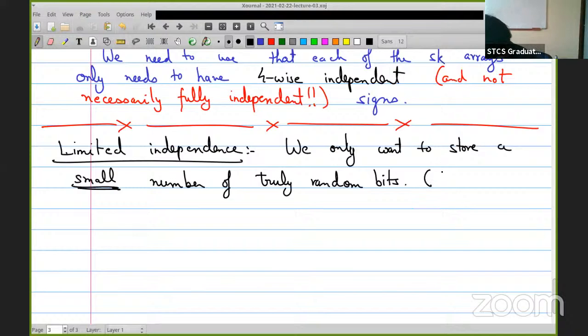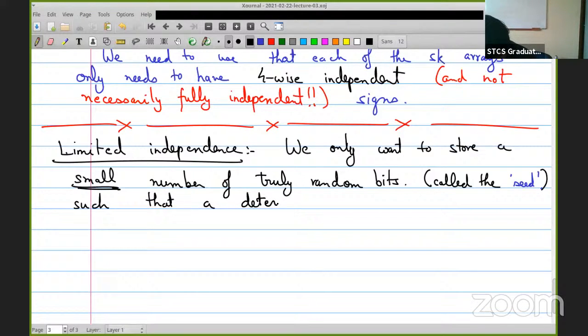This is called a seed. I hope I'm using the right terminology, but seed is right.